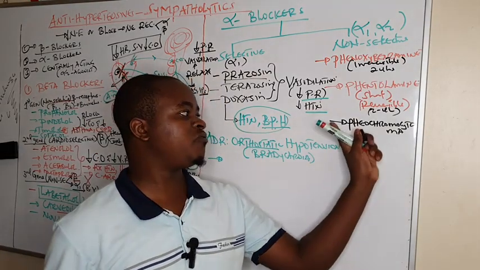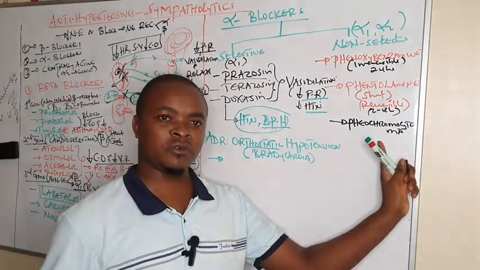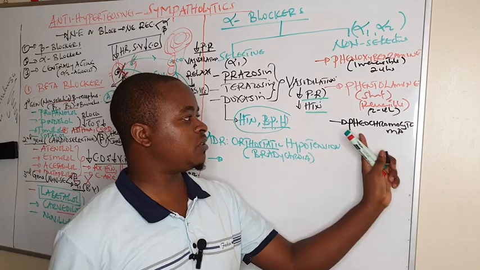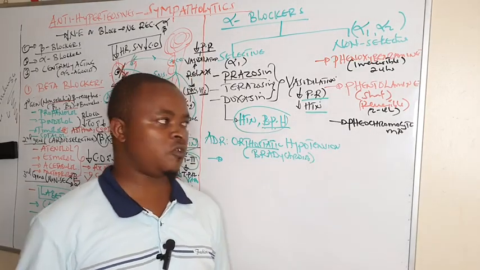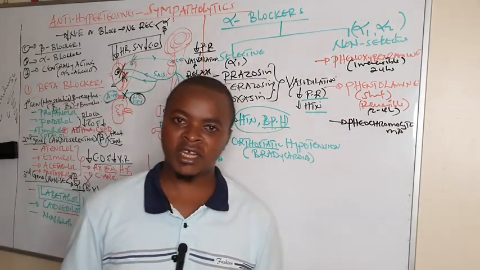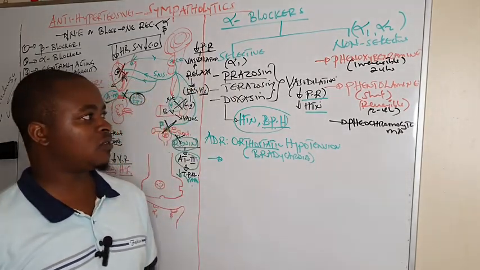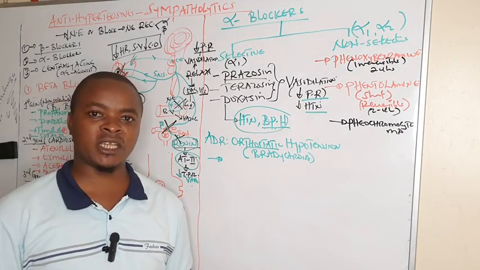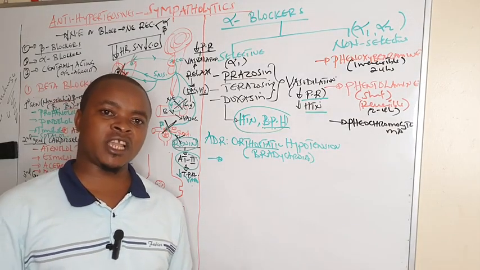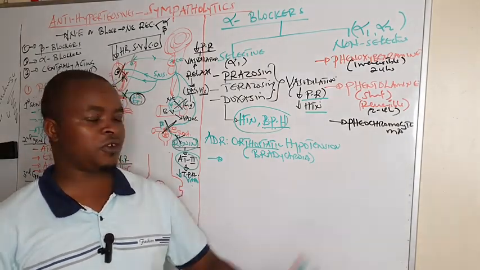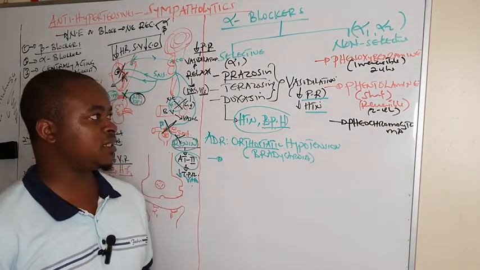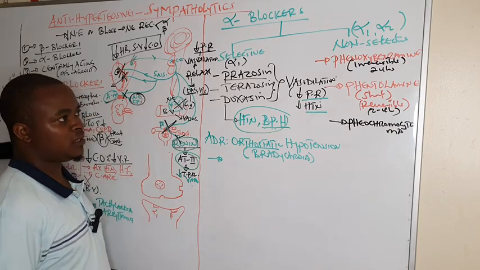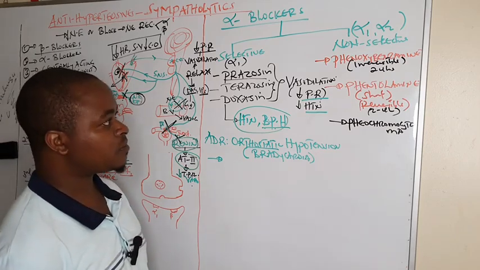So we can use them in the treatment of pheochromocytoma, which leads to hypertension, or during surgery of the tumor, which is causing overrelease of catecholamines. So this one is majorly indicated in treatment of pheochromocytoma or secondary hypertension due to pheochromocytoma. That is phentolamine and phenoxybenzamine.